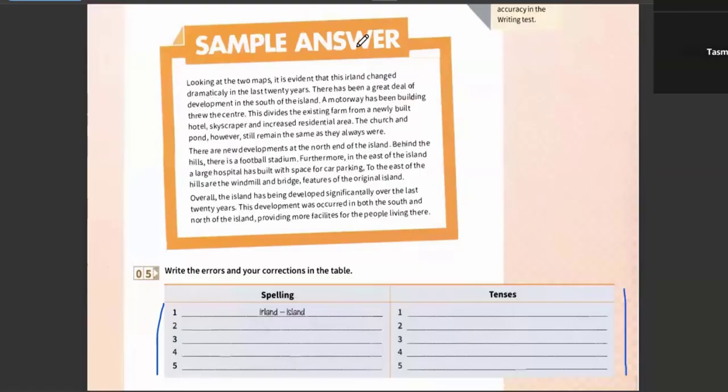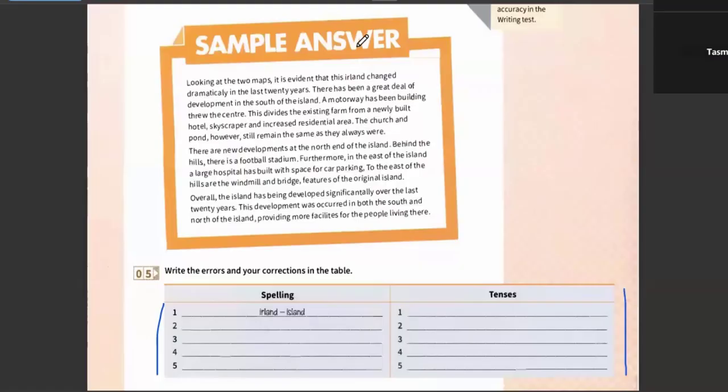So the second one is dramatically. What will be the spelling? DRAMATICALLY. Very good. Next one. Then instead of through, it will be through. Very good. Excellent. Number four.